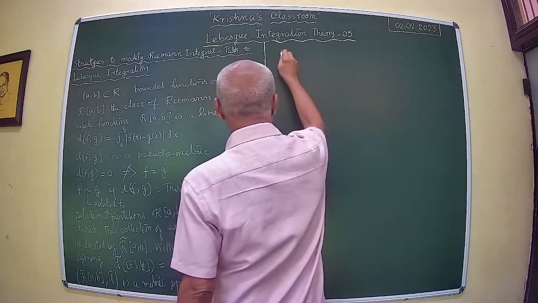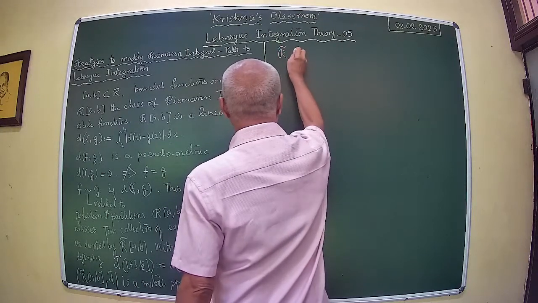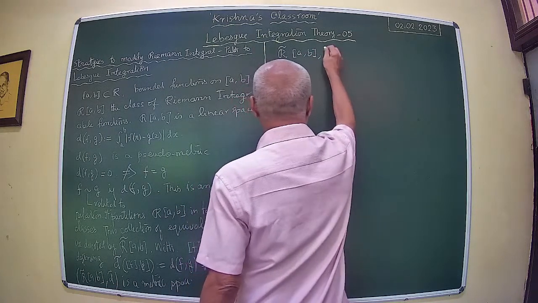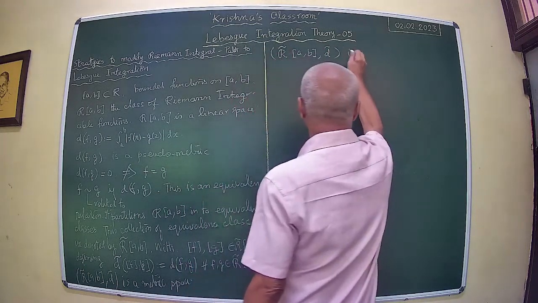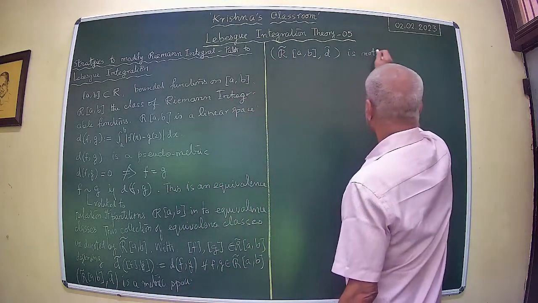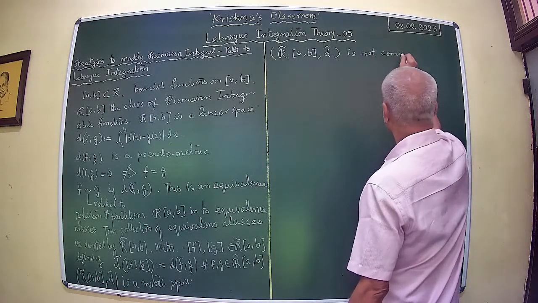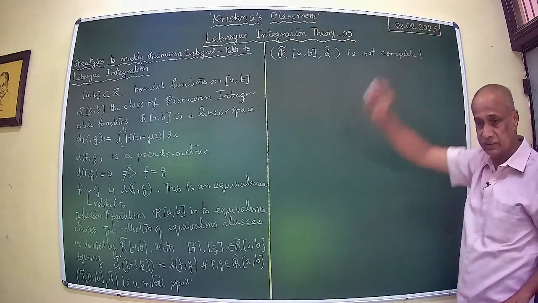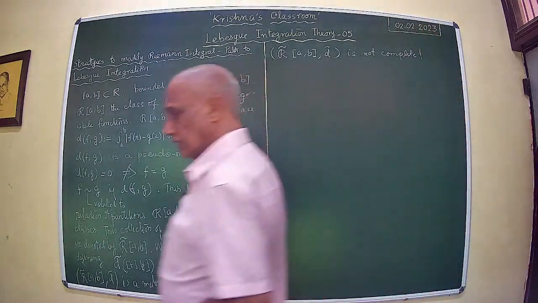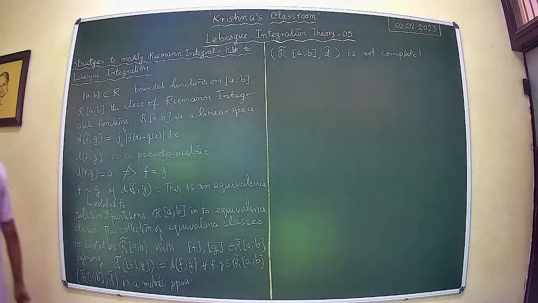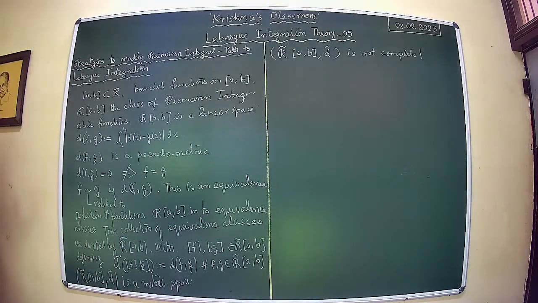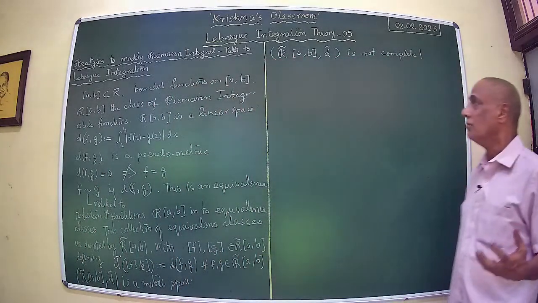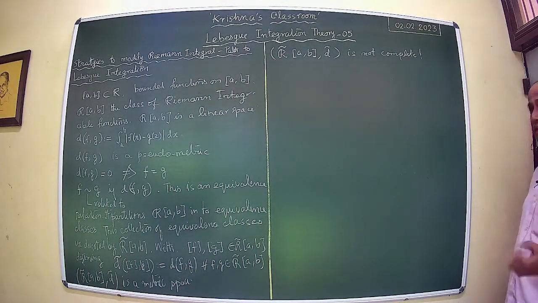Then we found that R tilde [a, b] is not complete. Now, this was a disappointing thing. That means with all sorts of hopes, the metric space we constructed using the Riemann integral fails to be a complete metric space.